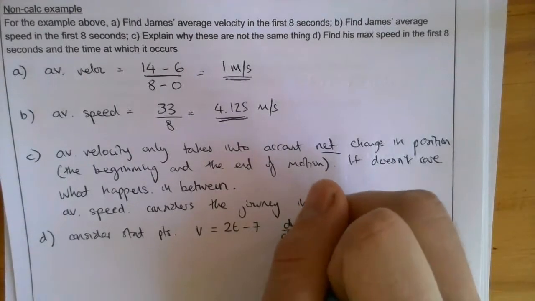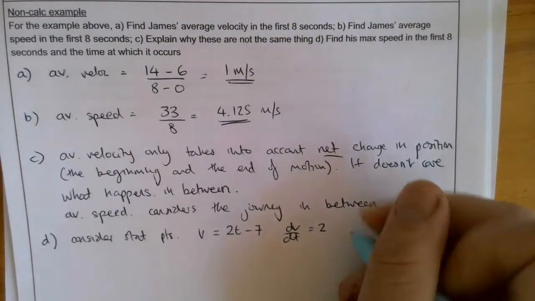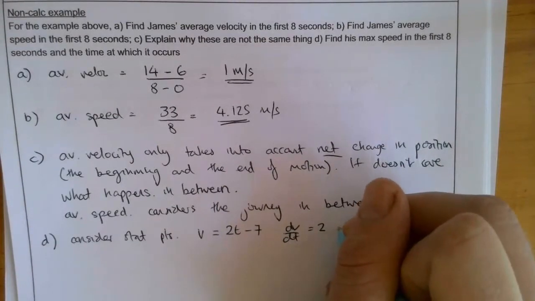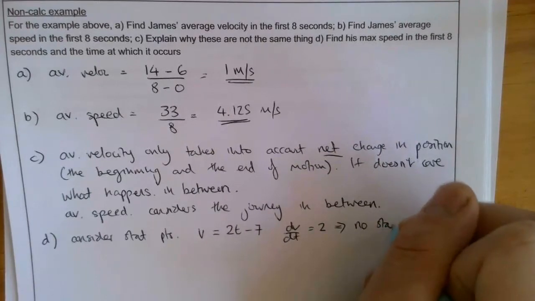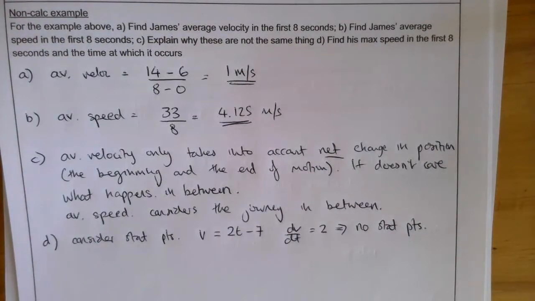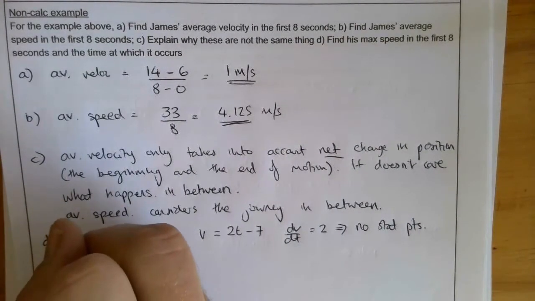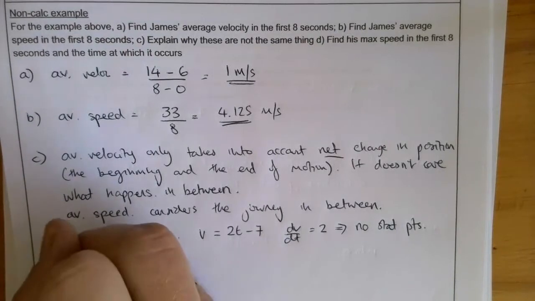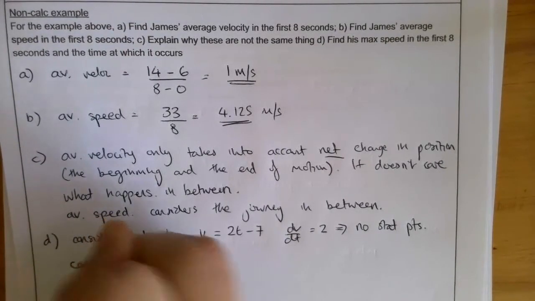So dv by dt, the acceleration, is just 2, which is never equal to 0. So there are no stationary points for the velocity. So you're not going to have a maximum velocity in between the endpoints, which means to work out where the maximum speed does occur, we just need to consider both endpoints.